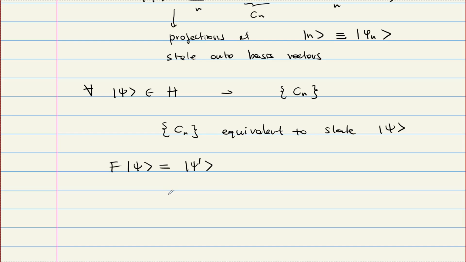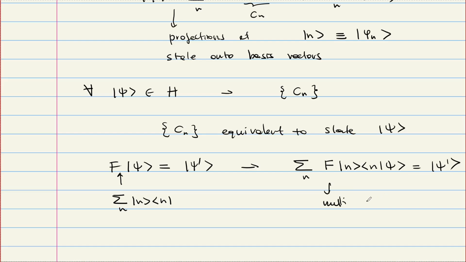I can do exactly what I did: put the identity here, and now I can take the projection of both sides on a state m, multiplying on the left by m.